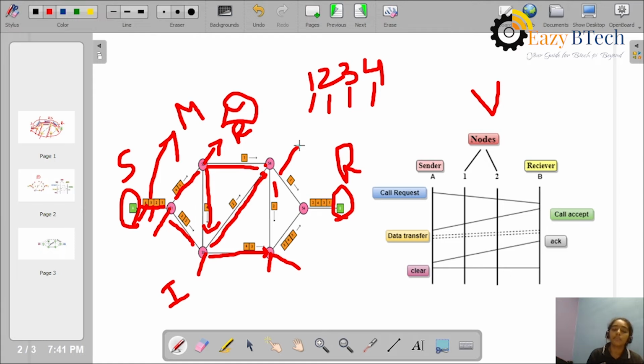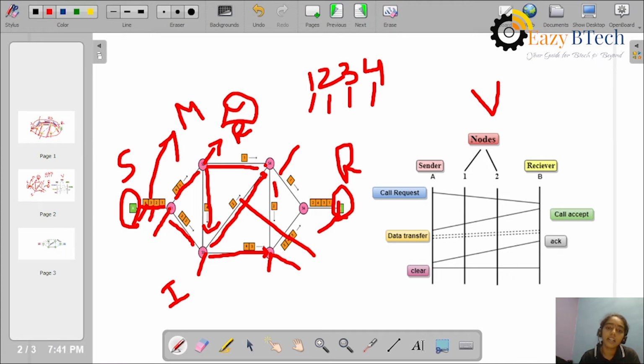So whenever I send all the packets to one intermediate node, that intermediate node or router decides which intermediate nodes the packets will be sent to, by the shortest path or the less traffic in the network. Okay, so these are the different types of paths they decide to send these packets from source to destination.